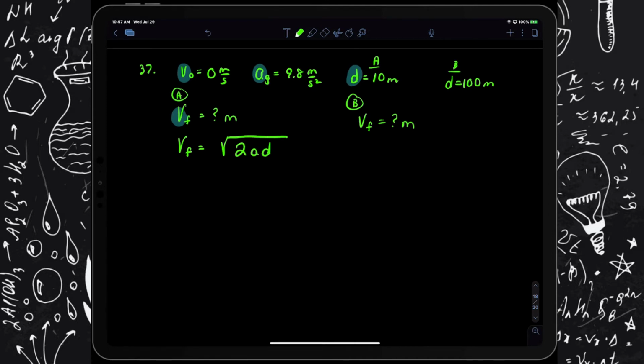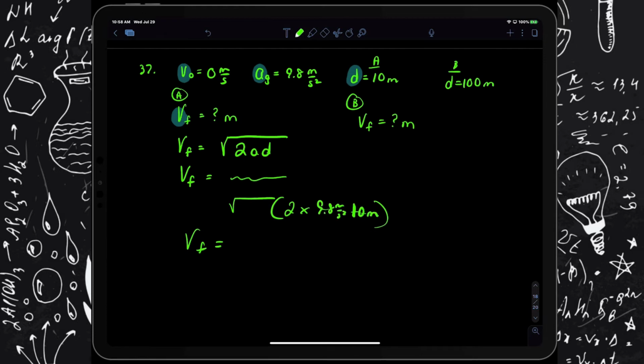Now, when you go to substitute in your numbers, make sure when you type it into the calculator that you put the square root button, then parentheses, so you'll have square root, parentheses, 2 times, and then you put in your other information. But your final answer for this, for number 37, for the first one, for A, because remember, this distance here, that's going to be 10 meters. So we might as well just fill in the rest.